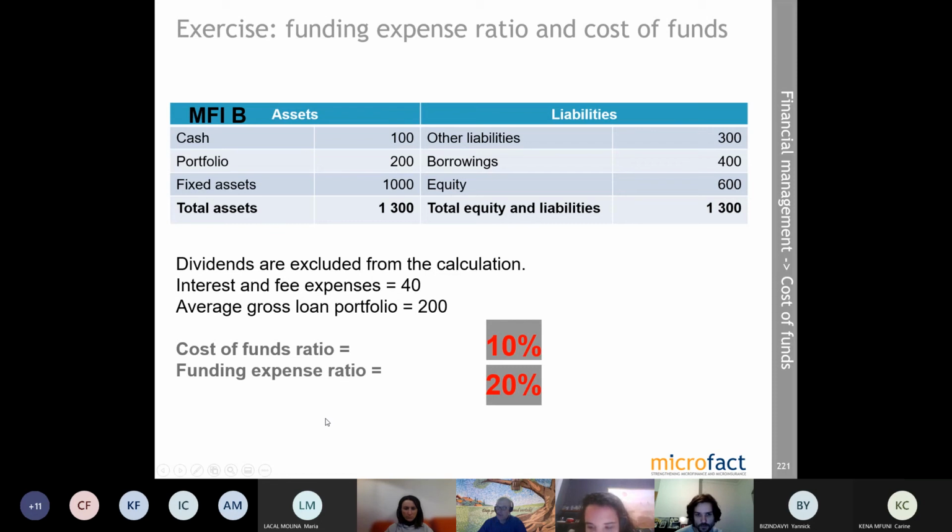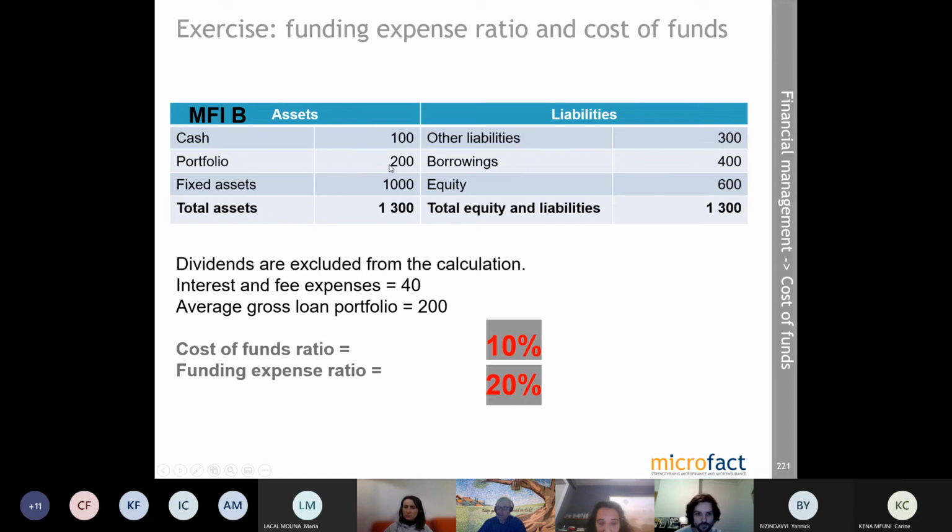Now, normally the cost of funds is always higher than your funding expense ratio. But here you see they have borrowings, but they don't put it in portfolio. They have less portfolio compared to their borrowings. So that's a very awkward situation.